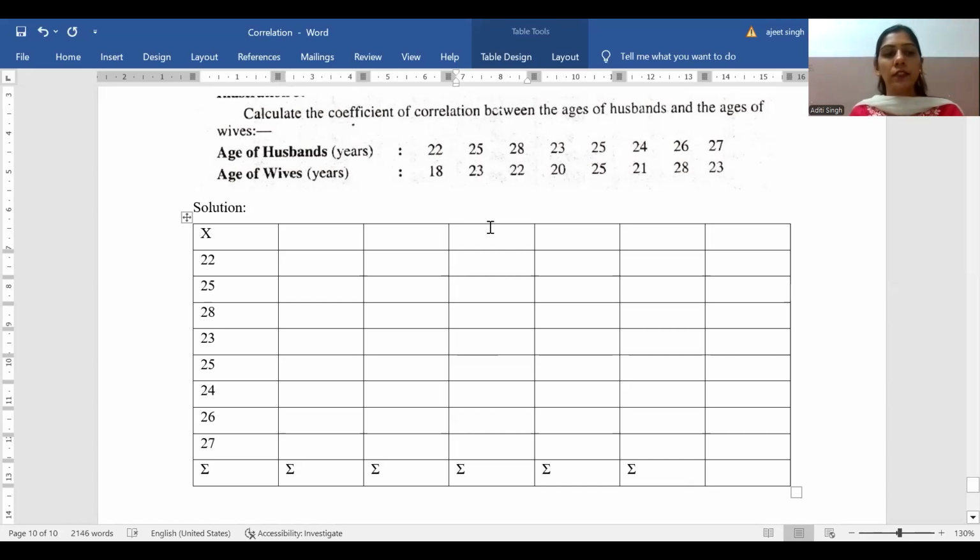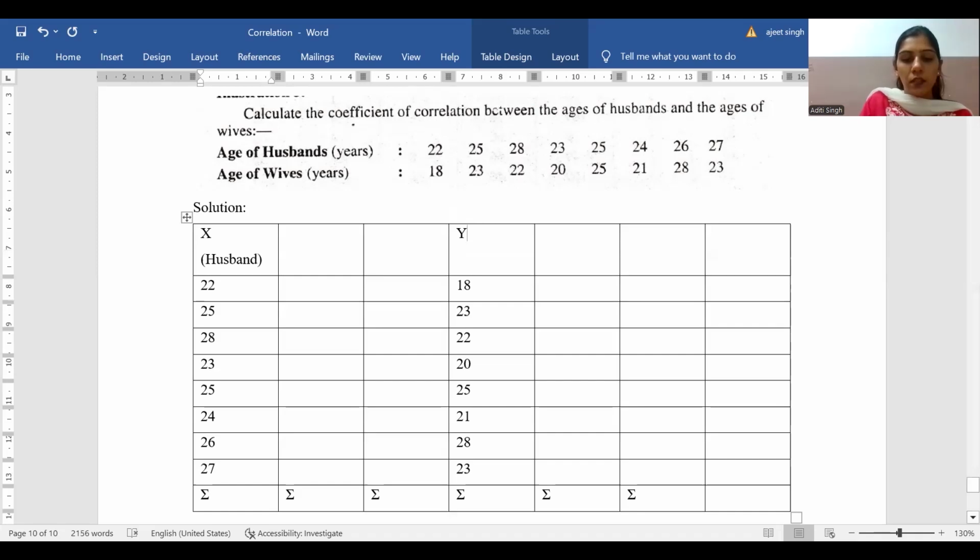And let's consider ages of wife as variable y: 18, 23, 22, 20, 25, 21, 28 and 23.